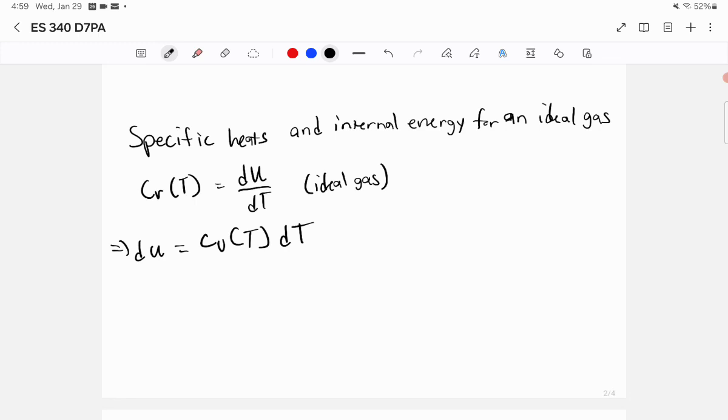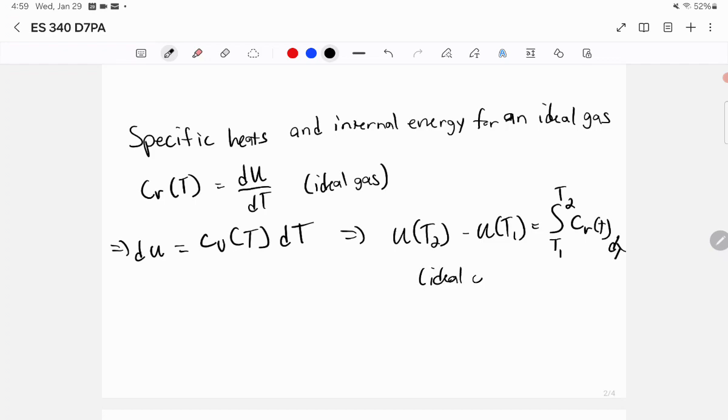And if I integrate this from T1 to T2, taking T1 and T2 to be my endpoints, then I get U of T2 minus U of T1 is equal to the integral from T1 to T2 of Cv of T dT. And again, this is for an ideal gas.